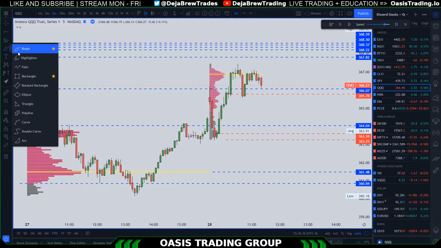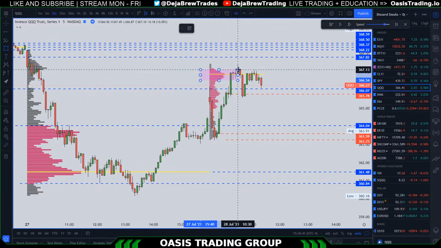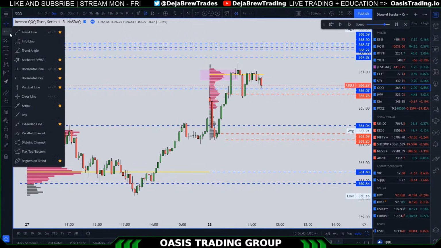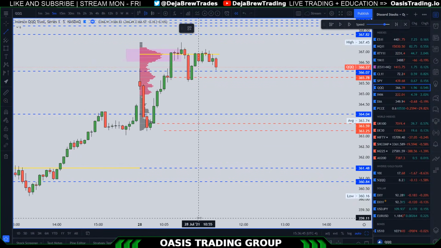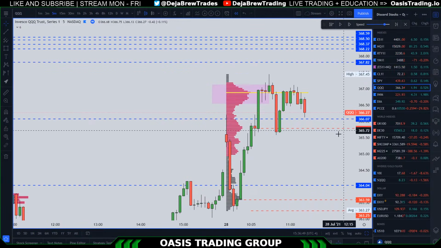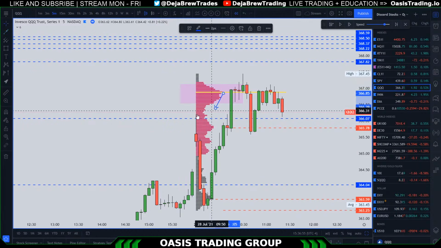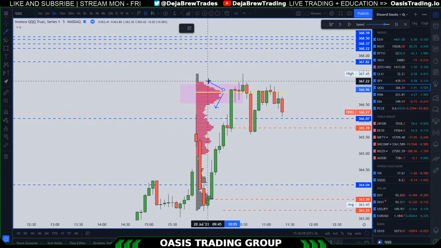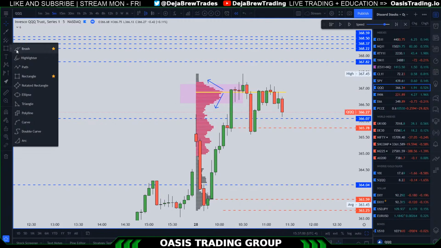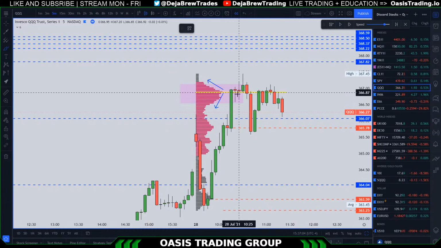Look at the node. Can I zoom in here, make it a little more obvious? Let's see. You see where the node starts to, where's my arrow? It starts to fall off. You see how the node starts to fall off? So when I draw these boxes right here, this is just me collecting the entire node.